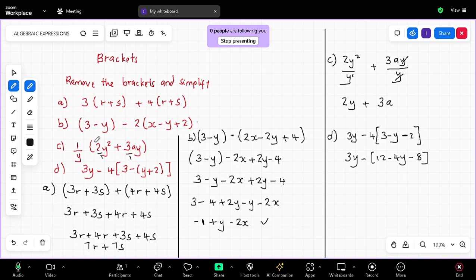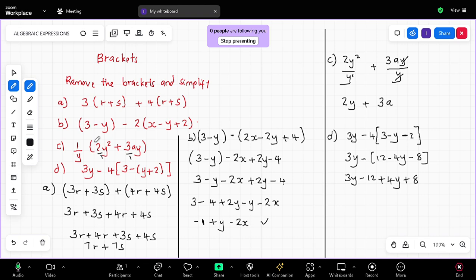So this negative outside the bracket is going to affect every sign inside the bracket, the positive and the negative. So we have 3y, negative 12, minus a negative, multiplied by negative is a positive 4y. Then a negative by a negative is a positive 8.